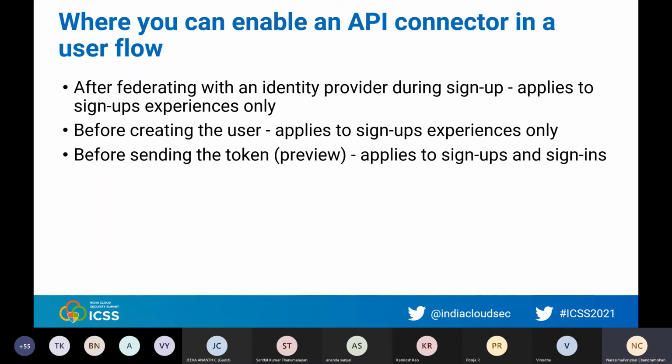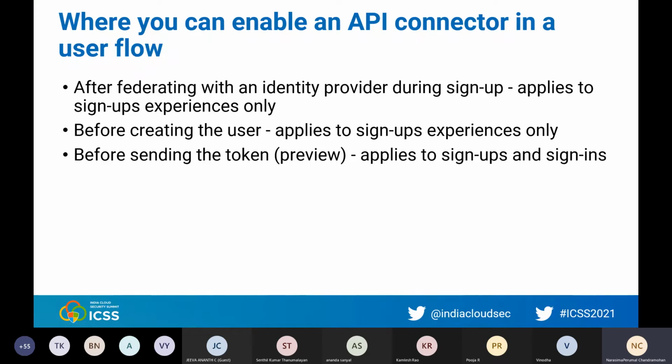Or suppose you don't want to allow users whose email ID has a domain like gmail.com, or these public email IDs. If you don't want to allow them, you can do that action. If you only want to allow organizational IDs, or you want to do any validation on the domain name part, you can do it using these API connectors.